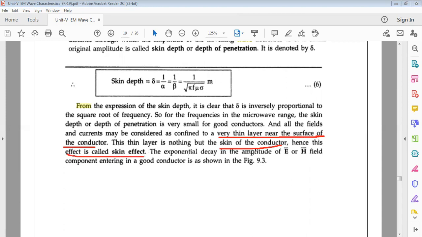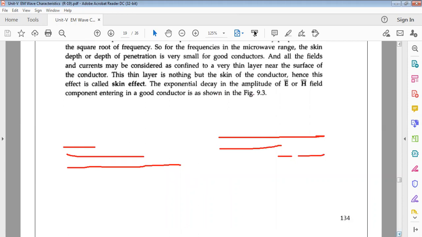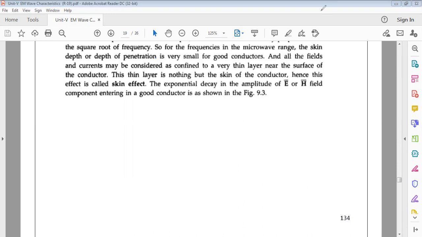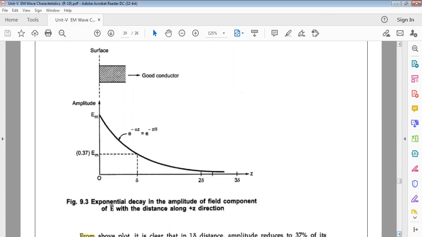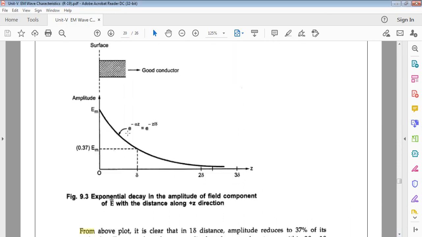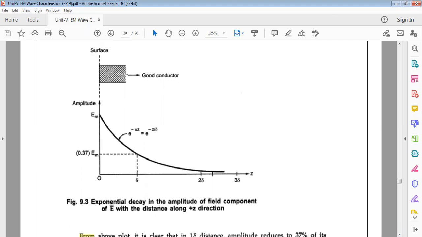The exponential decay of the amplitudes of the E bar or H bar component entering a good conductor is shown in the figure below. See the Em and Hm at the surface of the good conductor, a thin surface, the amplitude is Em.